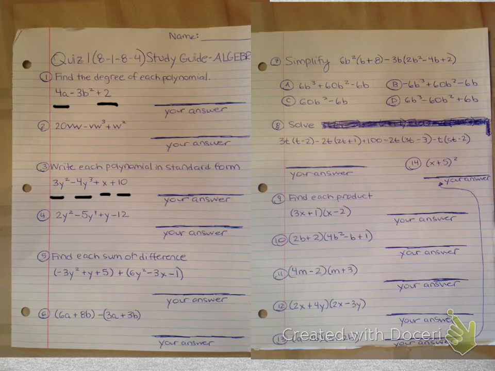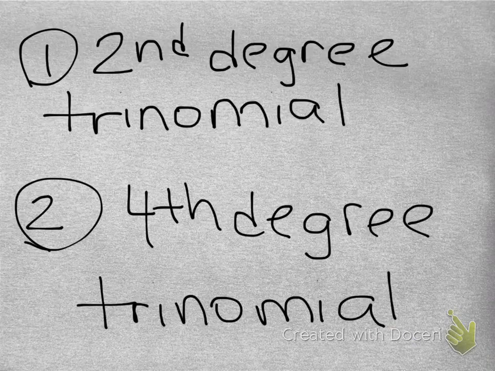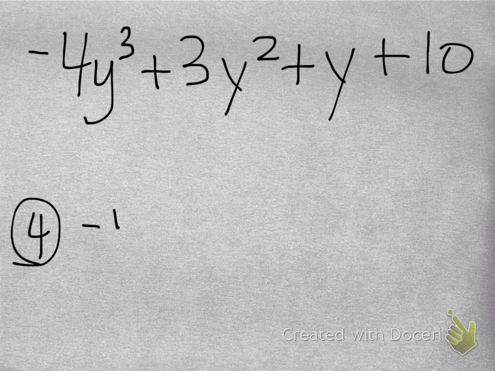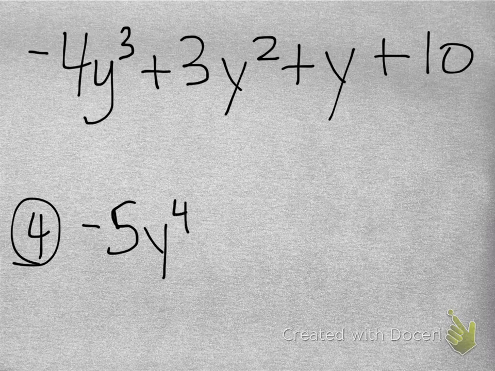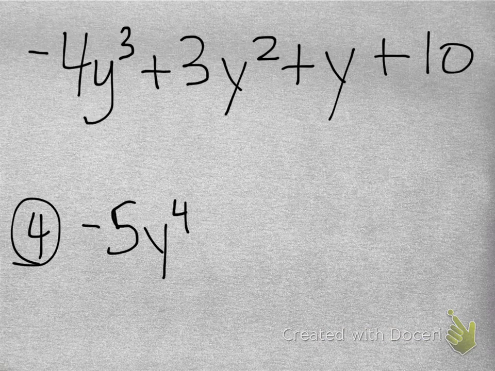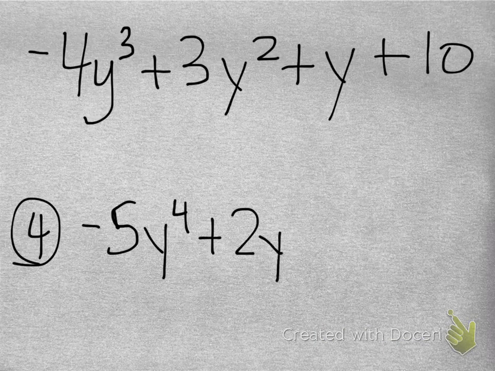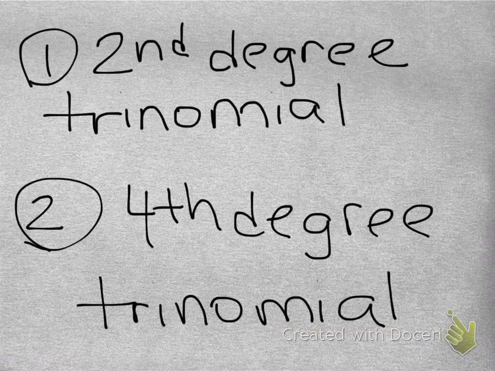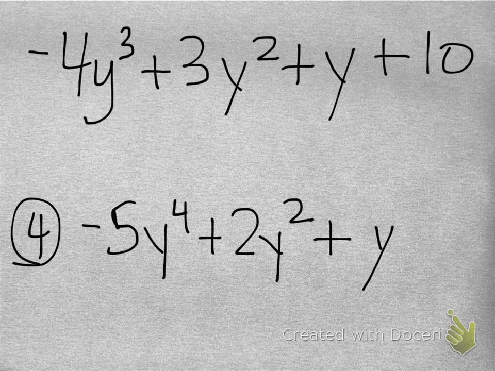So negative 5y to the fourth comes first. This is number 4. Negative 5y to the fourth, then 2y squared plus y minus 12. And that would be our answer for number 4.